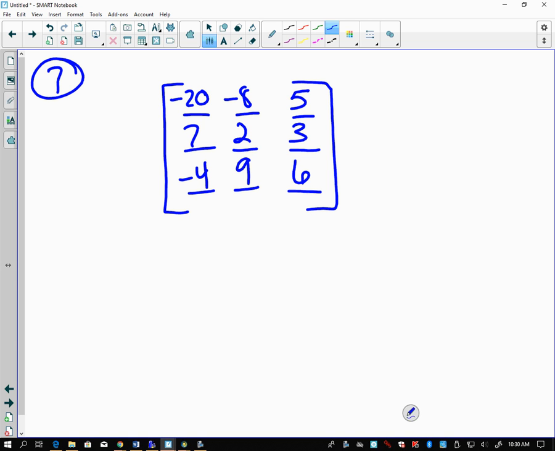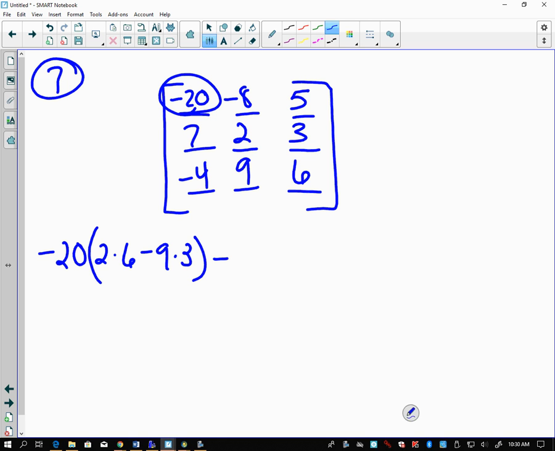This is all I'm really expecting you to do with pencil and paper. So I would get negative 20. That's this. And then in parentheses, what I want is 2 times 6 minus 9 times 3. Do we understand that? Okay.